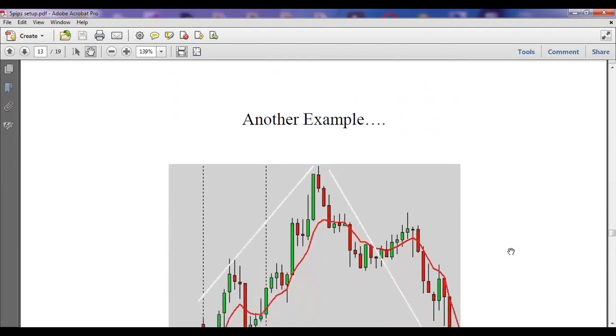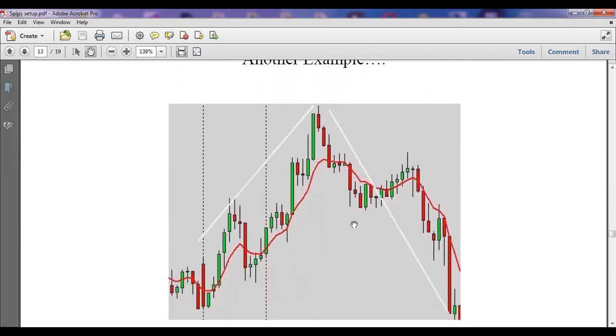Here is another example. You can see the uptrend comprising more than 4 to 5 bullish candles. Then you can see this candle forming above the last green candle. The second bar forms below the first red bar.